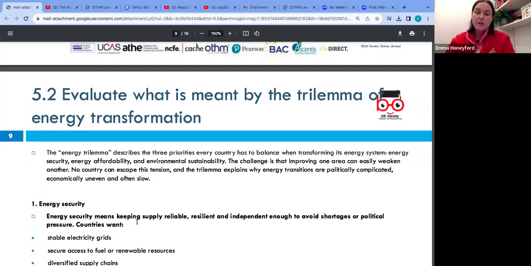These are three dimensions that each country will need to consider when thinking about the transformation to more renewable energy. The challenge is that improving one area can easily weaken another. No country can escape this, and the trilemma explains why energy transitions are politically complicated, economically uneven, and often slow.